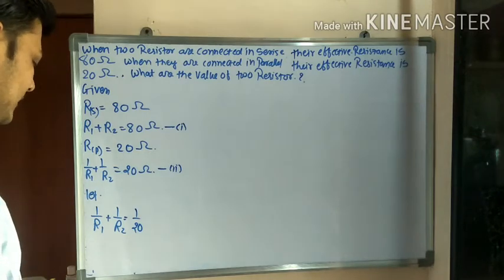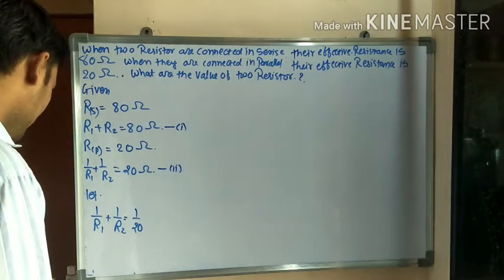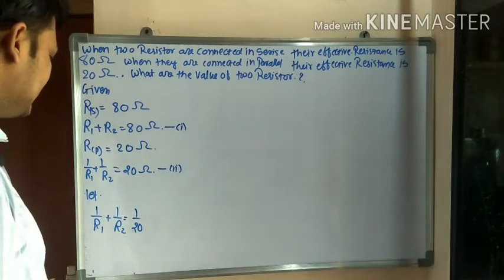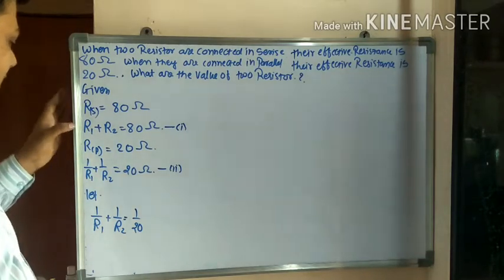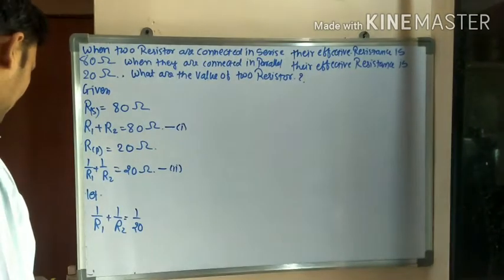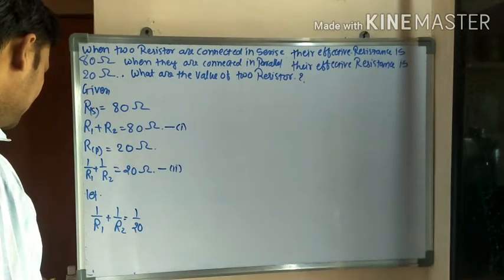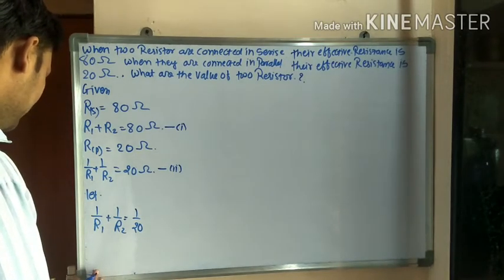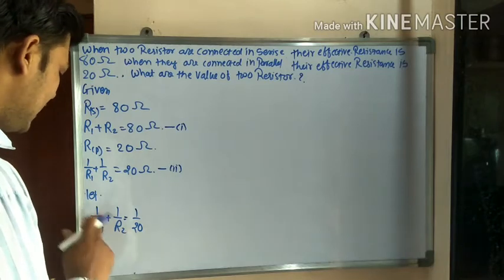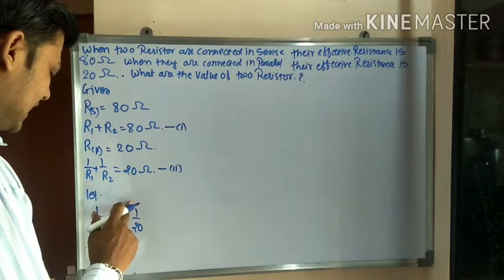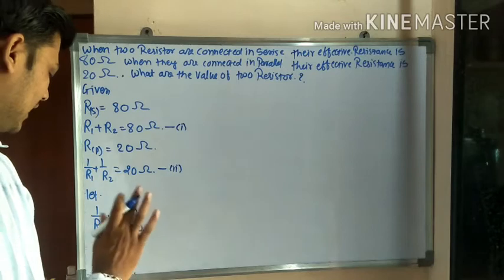Now we have to shift this data as per our multiplication, that is R1 plus R2. For that we multiply with respect to the reciprocal property, that is R2 plus R1 divided by R2 into R1.